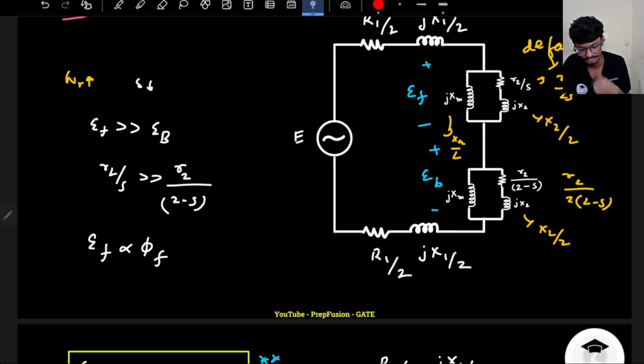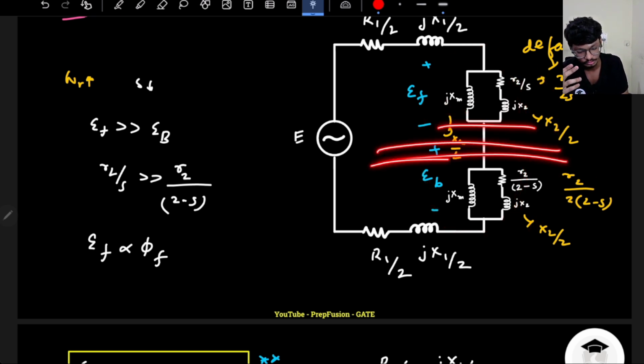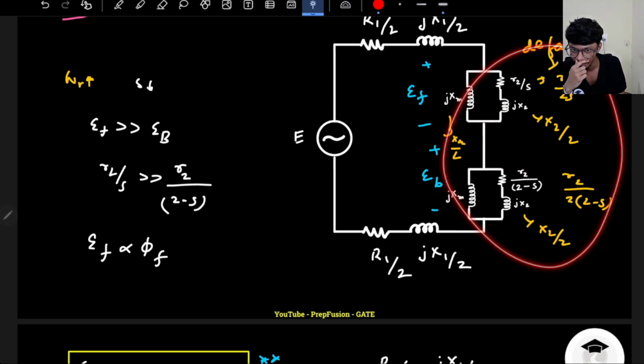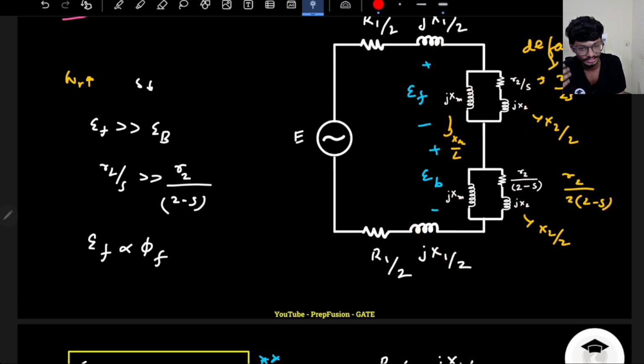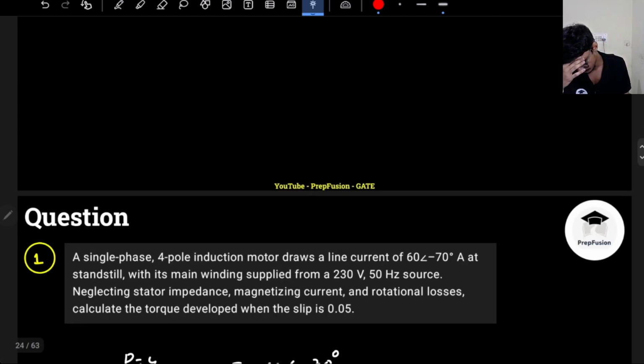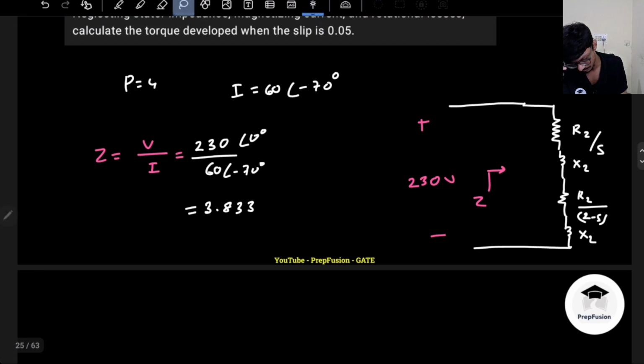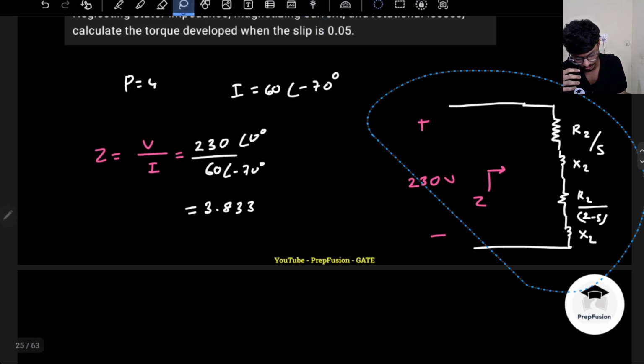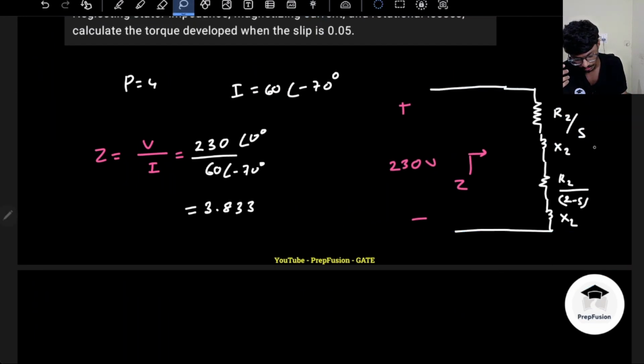I chose this just for simplicity, because it is easier for me to explain and shows total symmetry. It is a standard textbook question, and in the textbook they have chosen r2 divided by 2.